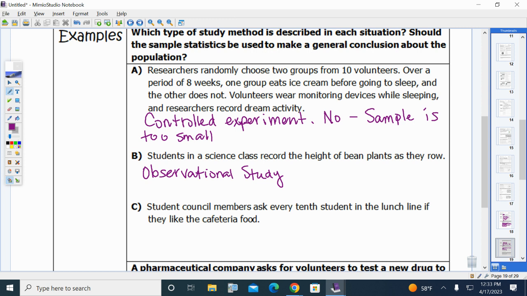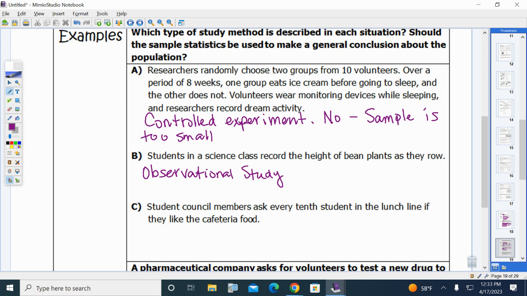Can we use our data to make conclusions about the population? I think so. In this instance, you're recording data. You're recording the height of bean plants as they grow. The statistics might provide a general conclusion.